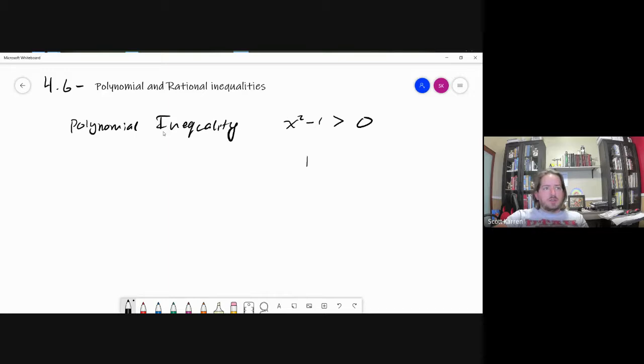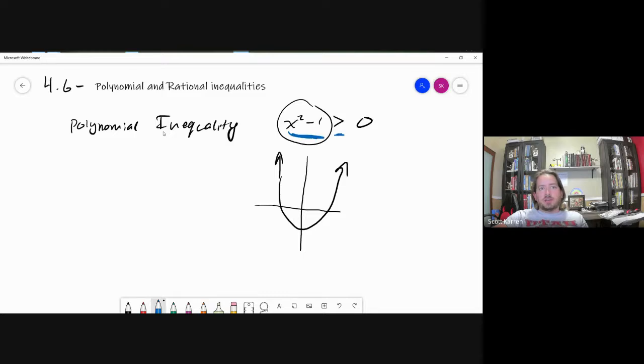Because graphically, I know what x squared minus 1 looks like. That's just a parabola that goes through -1 and up like that, right? And so the question is where is this function greater than 0? Well, here's 0, that x-axis is 0. And so it's greater than 0 there and there.